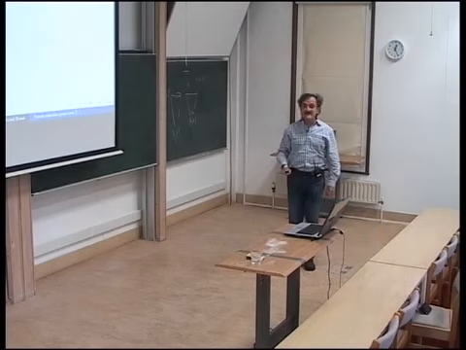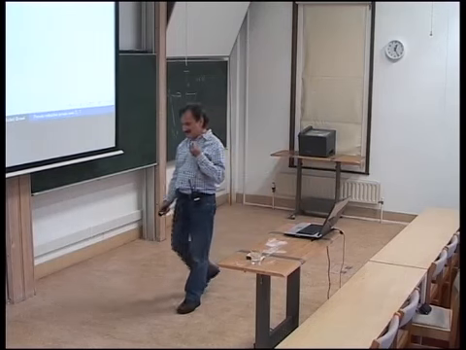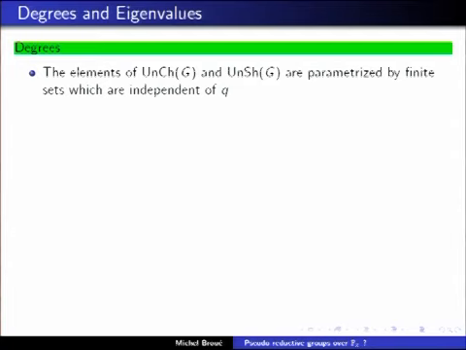First of all, the degrees. The starting point is that the set of unipotent characters and the set of unipotent character sheaves are parametrized by sets which are independent of Q. The trivial example is the case of GL_N, where the set of unipotent characters is parametrized by the set of partitions of N. And partitions of N do not involve Q, of course.